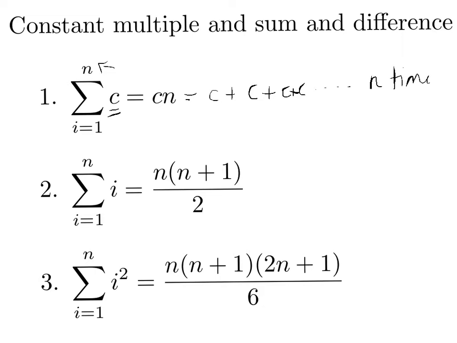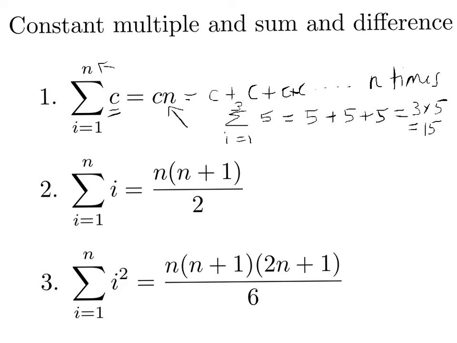And if you have c plus c plus c, n times, it's just going to be c times n. So, for example, the sum from i equals 1 to 3 of 5 would be 5 plus 5 plus 5, which is 3 times 5, which is 15. Is that clear?